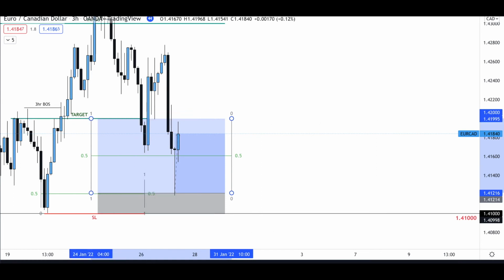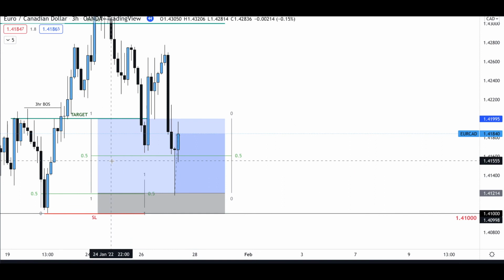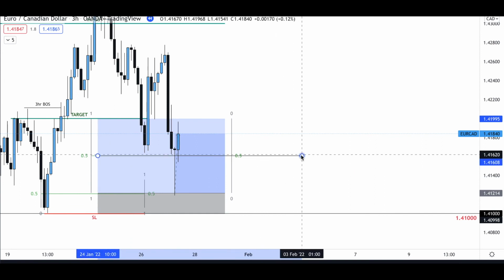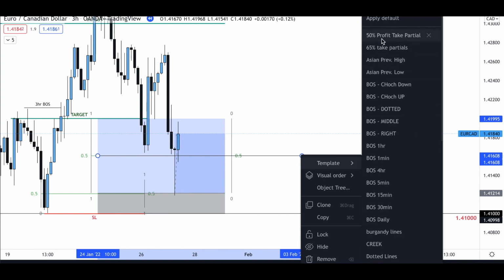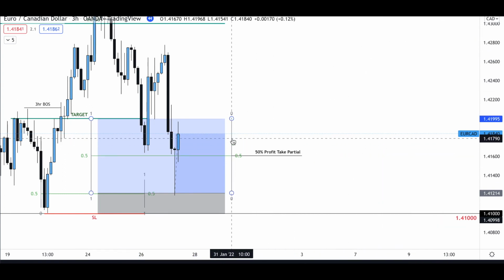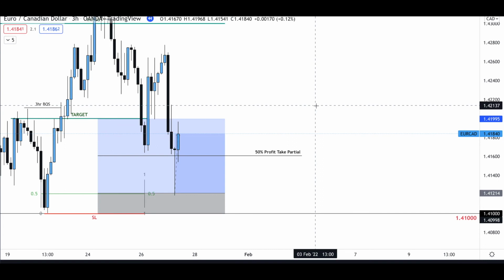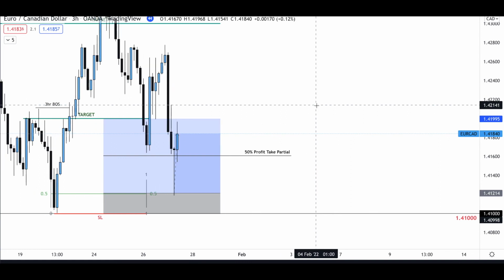And then from here, what you can do, you can set an alert right here, or if you already have a template for it, you can say 50% take partial profits, because you never want to be 50% or more within a trade and leave everything on the table. You definitely want to take some money and put it back in your pocket.